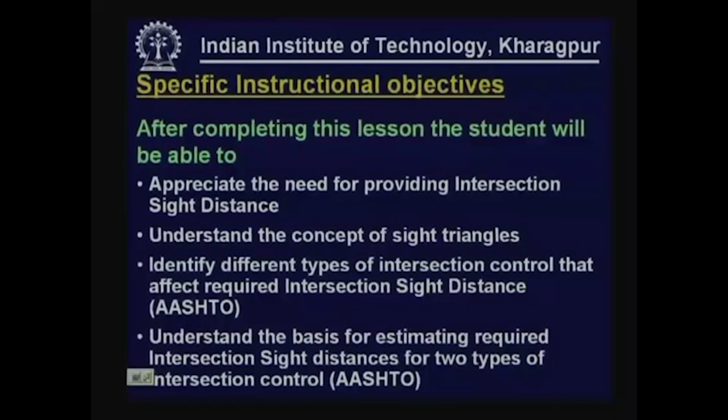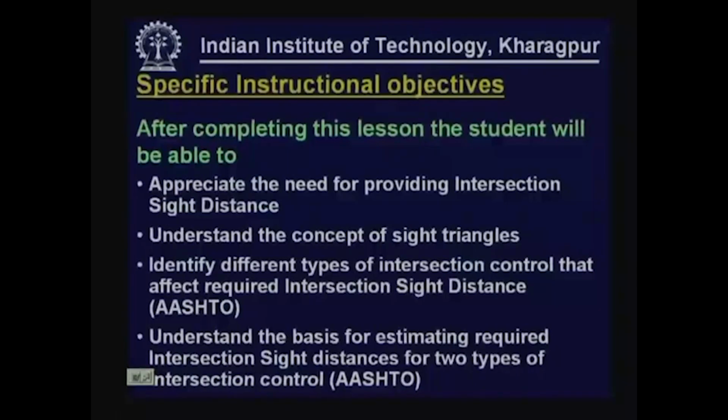After completing this lesson, the student will be able to appreciate the need for providing intersection sight distance, why it is required, understand the concept of sight triangle and important considerations for intersection sight distance.